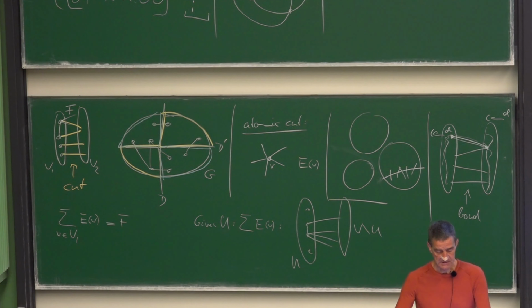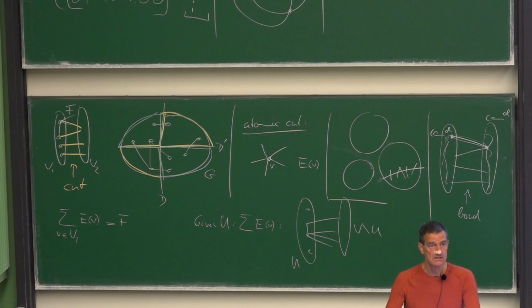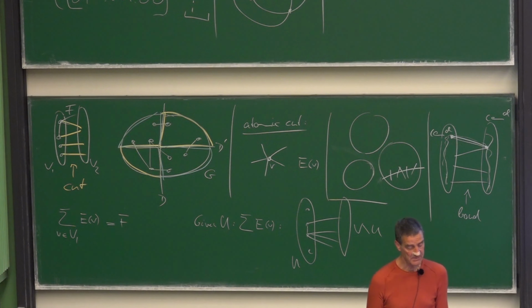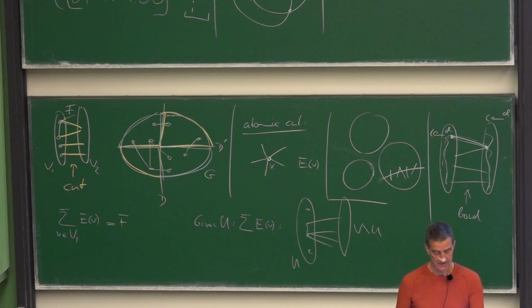So the edge sets of cycles were the minimal non-empty elements of the cycle space, because every element is a disjoint union of cycles, and you can't get any smaller than having only one cycle. So the cycles are the minimal elements of the cycle space, and the bonds are the minimal elements of the cut space.